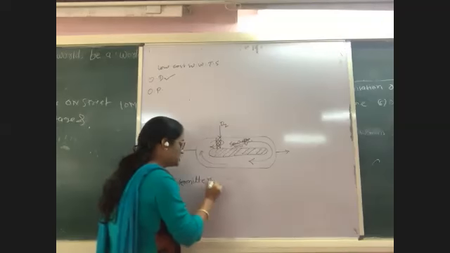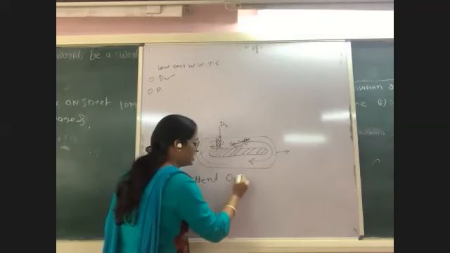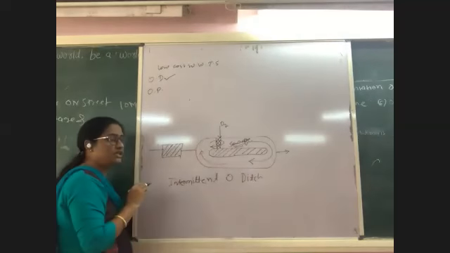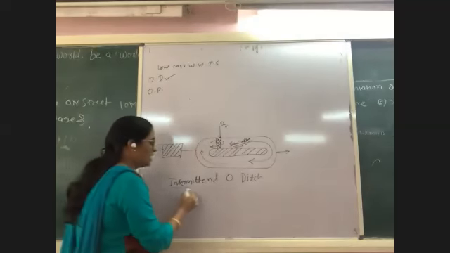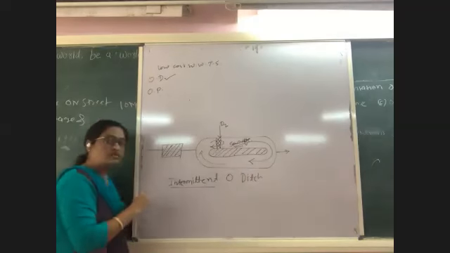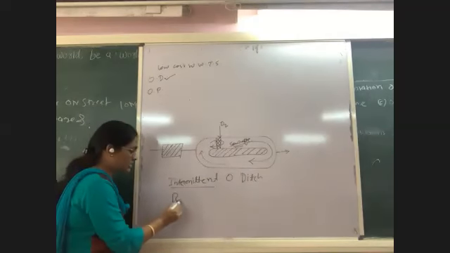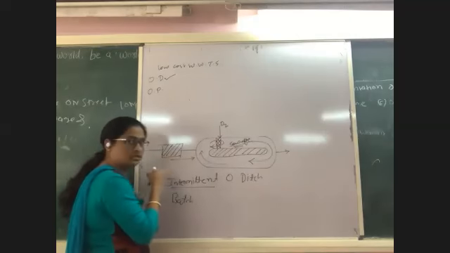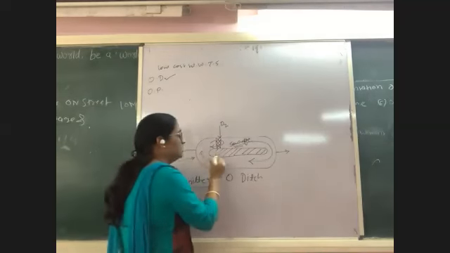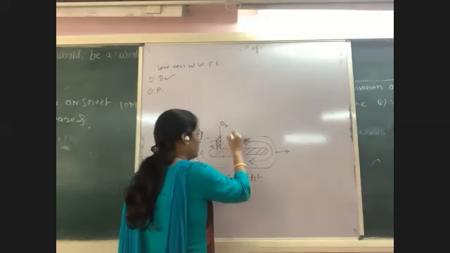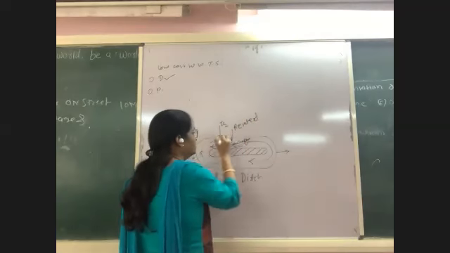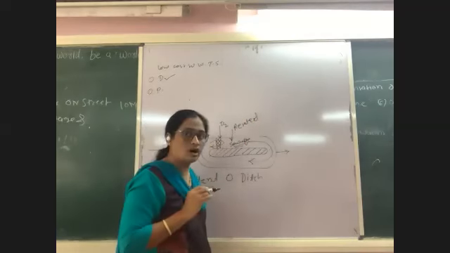type of oxidation ditch. In the intermittent type, it is also called the fill and draw type, or we can say it is a batch type. A batch of sewage is allowed to enter, and then it will be aerated for a particular period by keeping the aerator on.